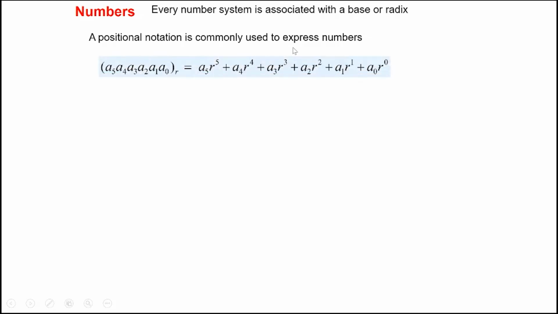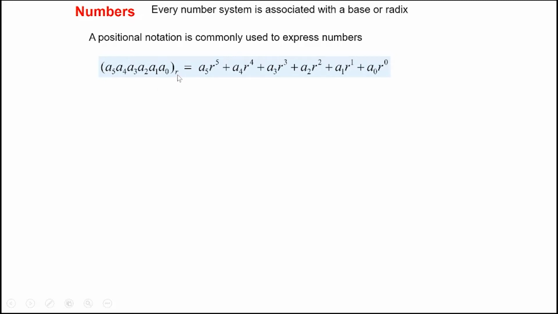So every number system is associated with a base or radix. And obviously, a positional notation system is something that is very convenient to represent numbers. So if we have a number A5...A0, these are the different positional digits, A0 to A5.